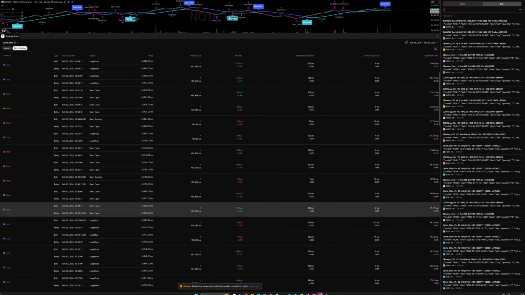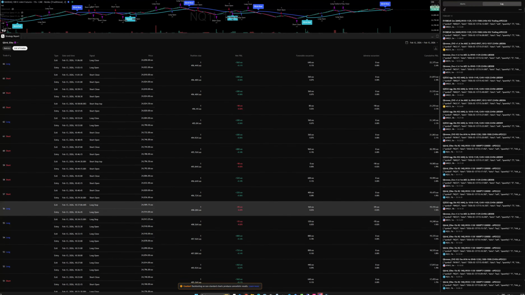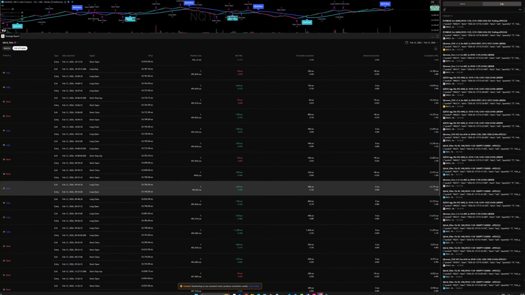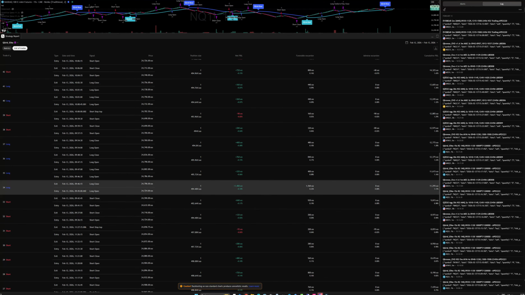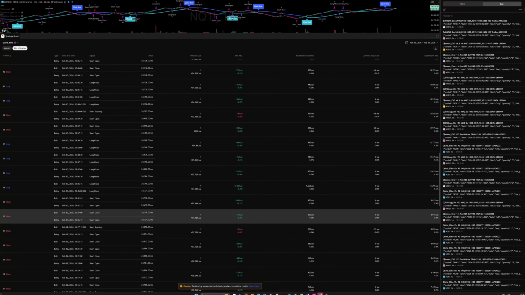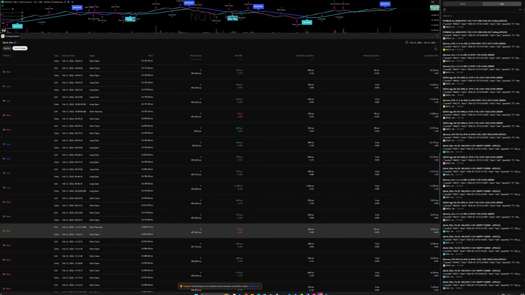In total, there are 150 trades in this sample, and over 64% of them are profitable. That already tells you something important about the character of the strategy. This is not a low win rate, lottery-style system. It's designed to participate in short-term structure and rotations and keep a high hit rate while letting winners do more of the work.